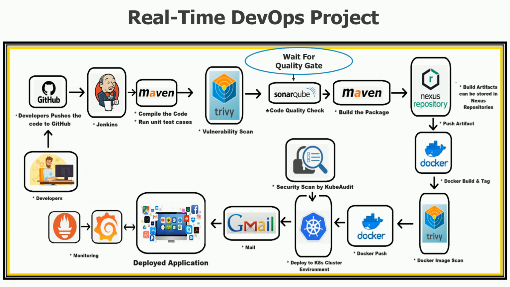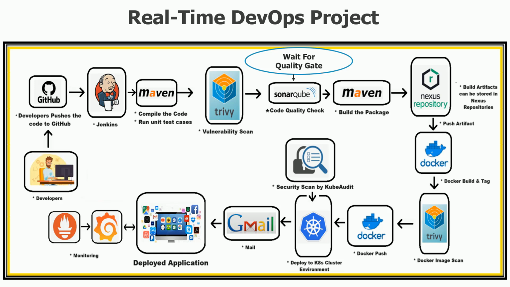It is going to generate a report in a specific format and export the report to a file like HTML or text, so that you can easily read it. Here I am going to use the Trivy tool. We are going to integrate Trivy with Jenkins so that it scans the source code.